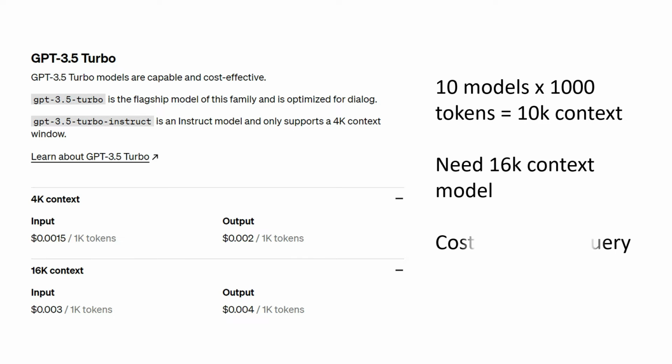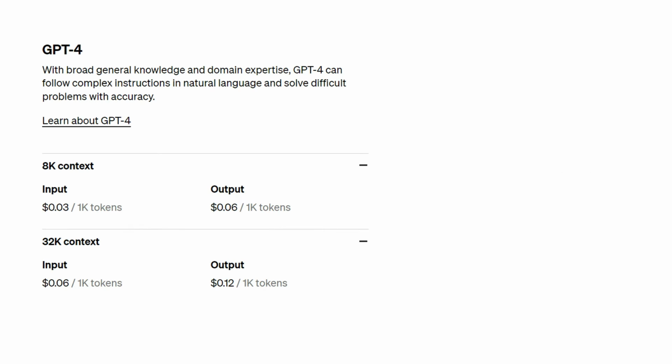And this will cost around 3 cents per query if we're assuming that most of the cost is from the input and not the output. The alternative is using GPT-4, which you can pass up to 32,000 tokens of context. But this model is significantly more expensive, and for the same query, it will cost 60 cents. And I decided this was too expensive for a side project. So we're going to go with GPT 3.5.